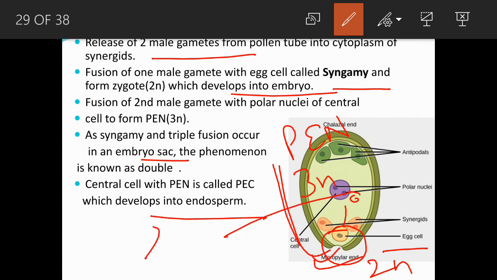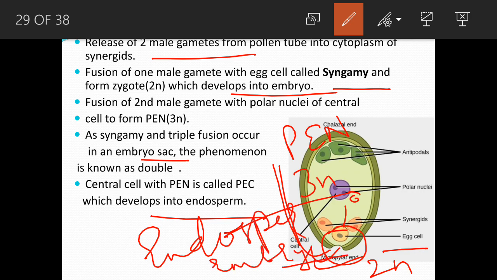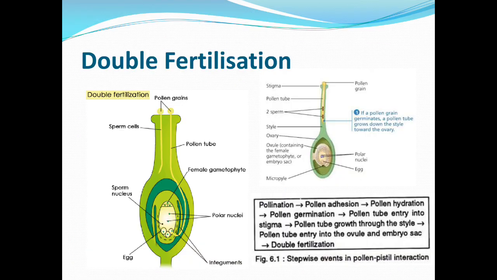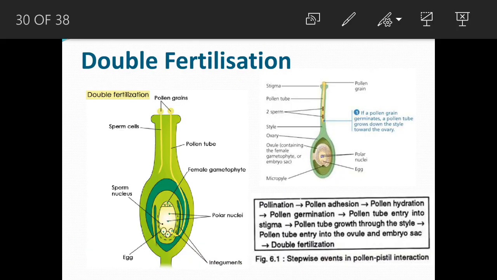So this will form the endosperm, this will form the embryo. This is triploid 3N and the embryo is 2N. So this is the complete process of double fertilization. Pollen grains landing on the stigma form the pollen tube.